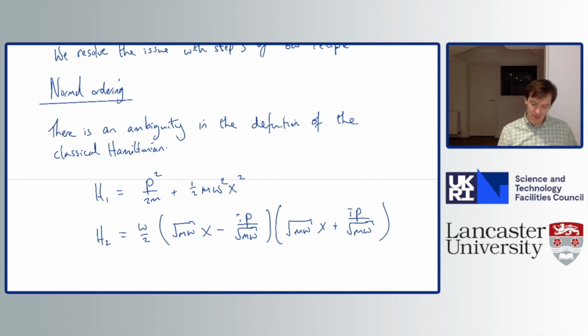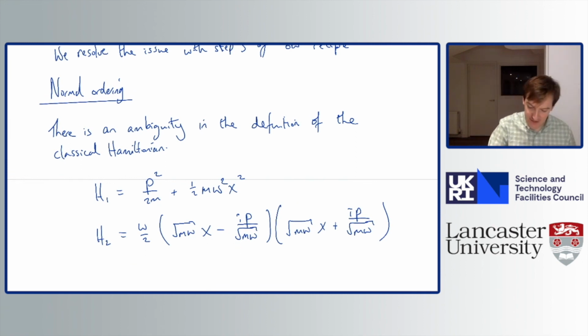Now, you'll remember that if I were to quantize this theory with my a and a† terms, this product that I've written down here is exactly the form of my a and a† terms.